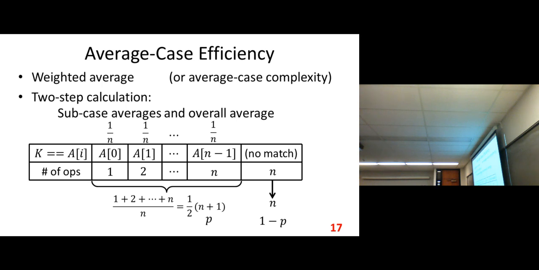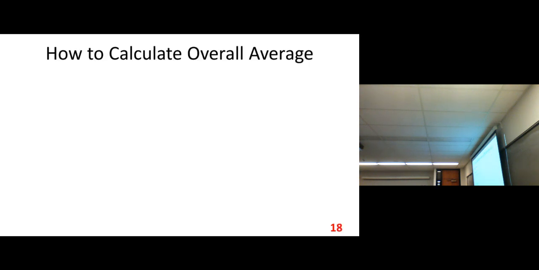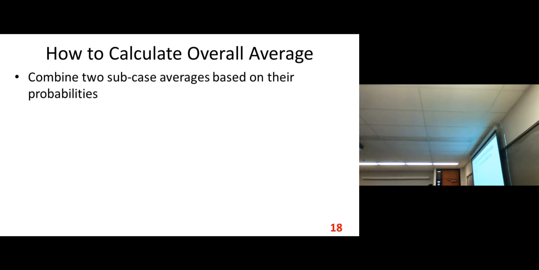How to calculate the overall average in this example? Combine the two subcase averages based on their probabilities. Their probabilities are used as the weights, and we do the weighted average.